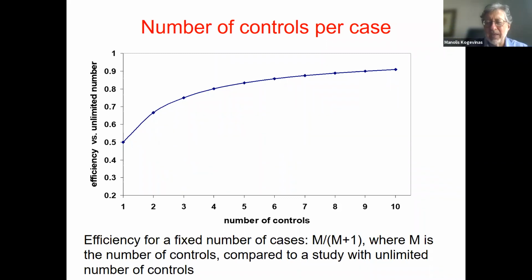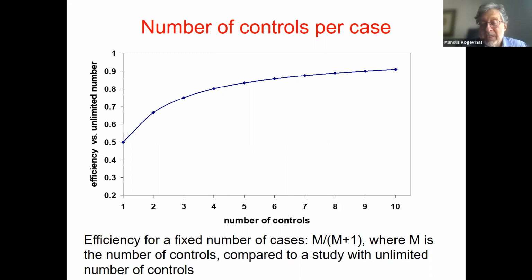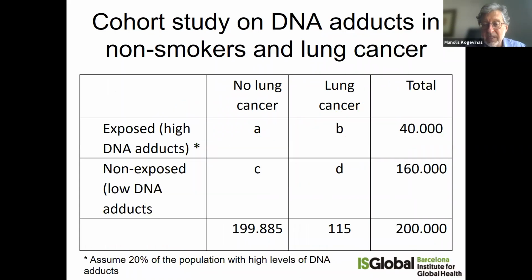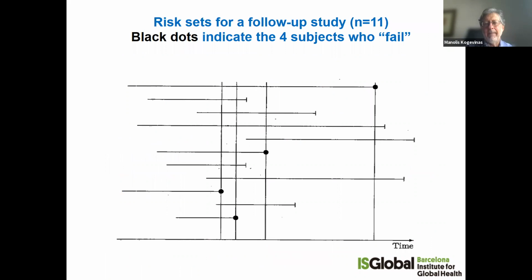You gain nothing. And if it costs a lot, you cannot do it. It doesn't make sense. So that's why, rather than evaluating everybody, we just do a nested case control study. We evaluate all the cases and controls who are selected from the cohort, and we do a case control design.